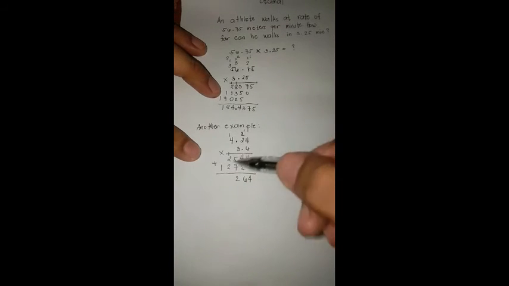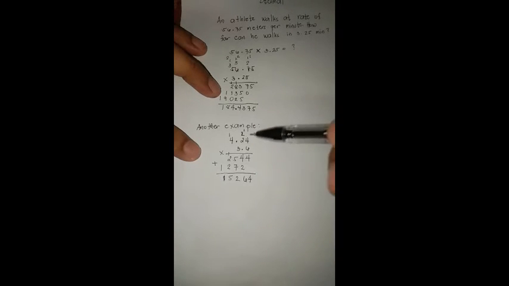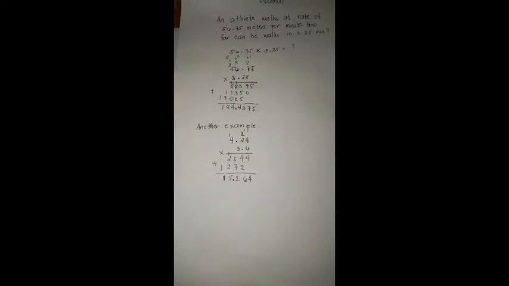Carry 1. So, 2 plus 2 equals to 4 plus 1 is 5. And then, bring down 1. Okay. So, yung decimal point natin is bibilangin lang natin. So, 1, 2, 3. So, tatlo. So, lagay tayo dito ng decimal point. So, ganun lang kasimple mag-multiply ng decimals.